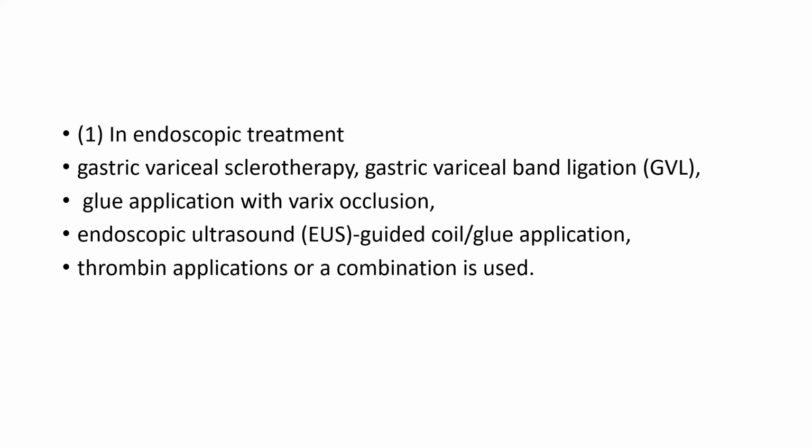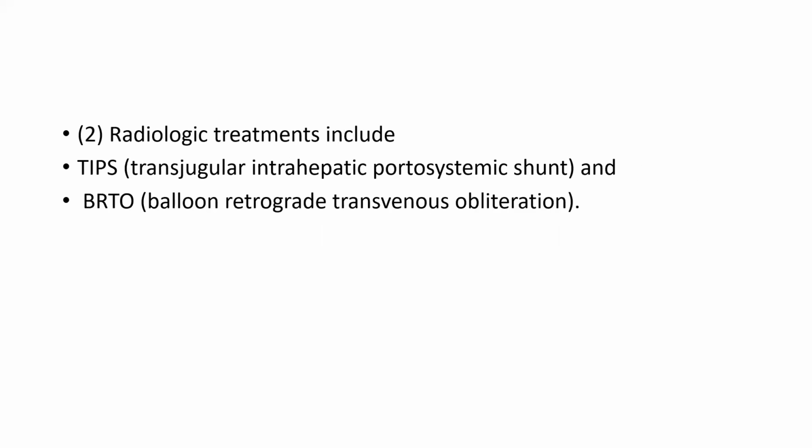Gastric variceal sclerotherapy, gastric variceal band ligation, glue application with variceal occlusion, endoscopic ultrasound guided coil and glue application, thrombin application, or a combination is used. And radiological treatment includes mainly transjugular intrahepatic portosystemic shunt and balloon retrograde transvenous obliteration.